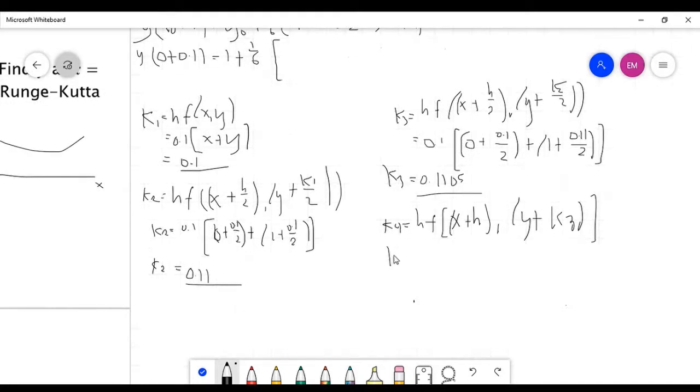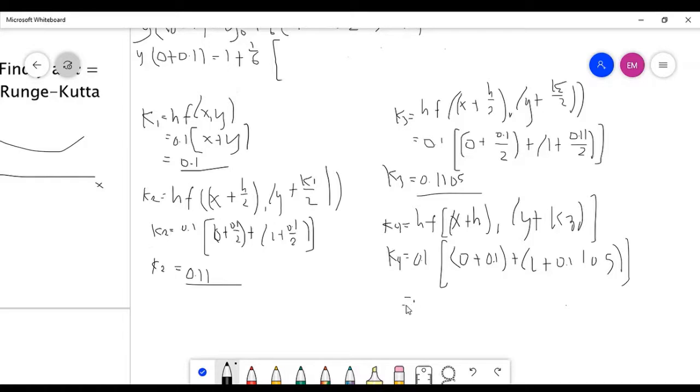So, we have K4 is 0.1 times the x, 0 plus h, 0.1, plus y, which is 1 plus K3, which is 0.1105.